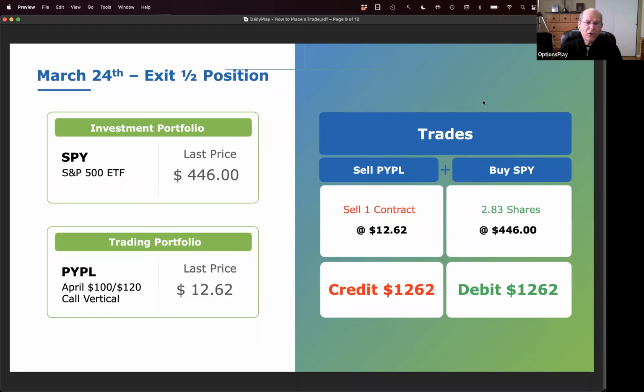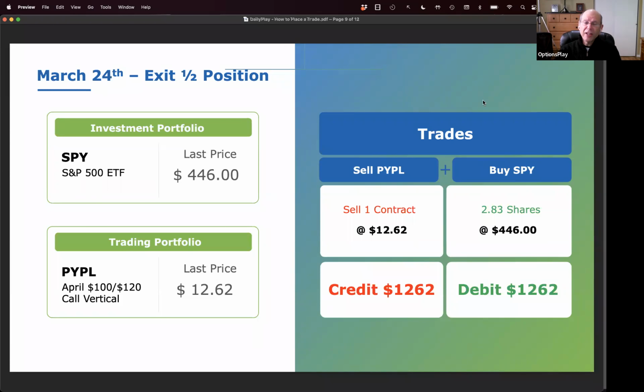And I looked at my charts and I said, where would I be willing to take some off? Where's some resistance? And that's where I often come up with where the other strike is that we used in the spread. So I looked at the 100, 120. Within a few days of paying 100, we were trading over 115. And to me, it just made sense to take some off.